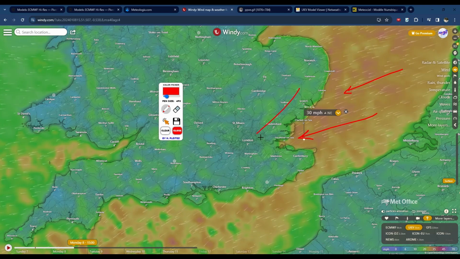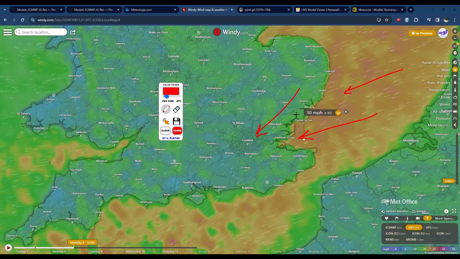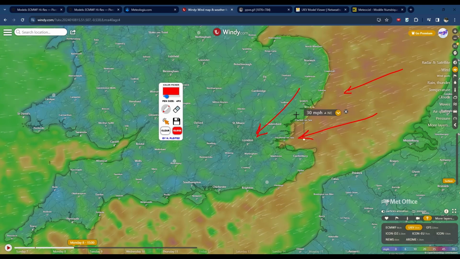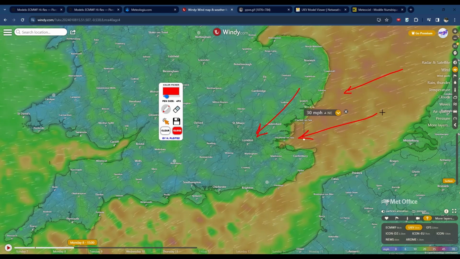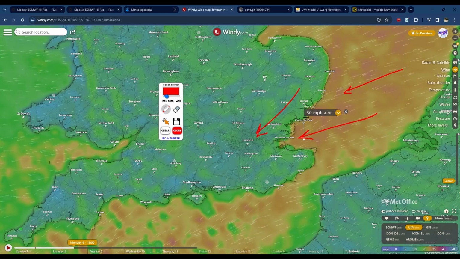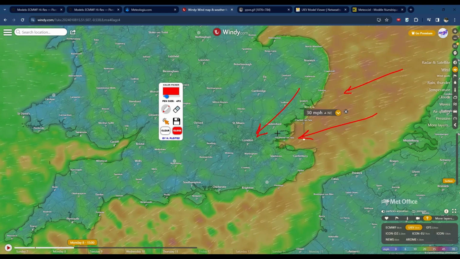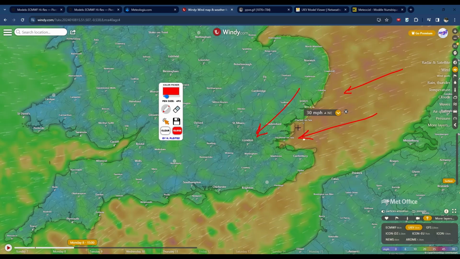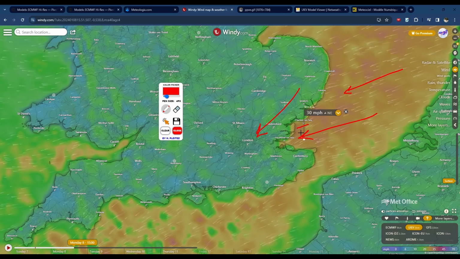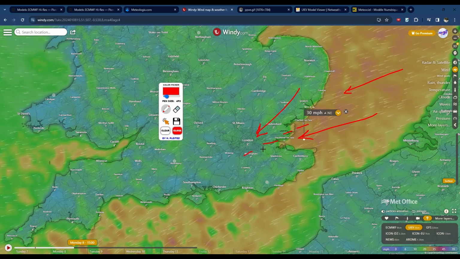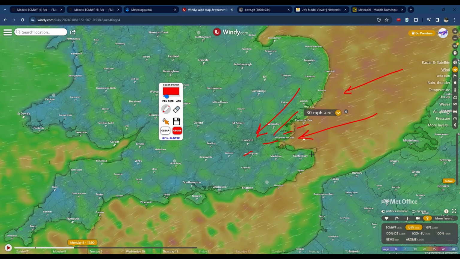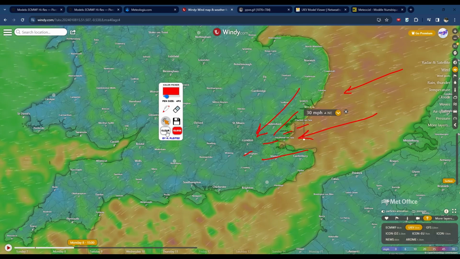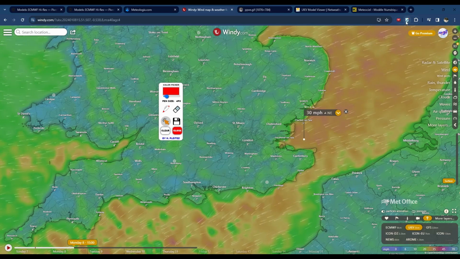But the difference in the friction of the land, with trees, buildings, terrain, slows the wind down and changes the wind direction, whereas on the sea there's basically no friction. That creates a slight difference in the wind direction, as you can see here, and that leads to convergence into this region, from the Thames estuary, parts of Essex, Kent, into areas south of London, so into Surrey there.